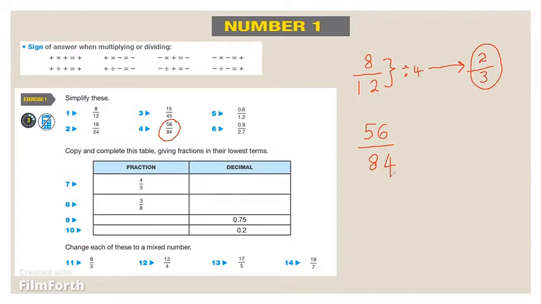Shall we consider number 4? Yes, we'll try with 4. I'm going to use short division, right? How many 4s inside 5? I get 1 and 1 remains. So this 1 and 6, I can consider as 16. Inside 16, I have 4 fours. So when I divide 56 by 4, I got 14.